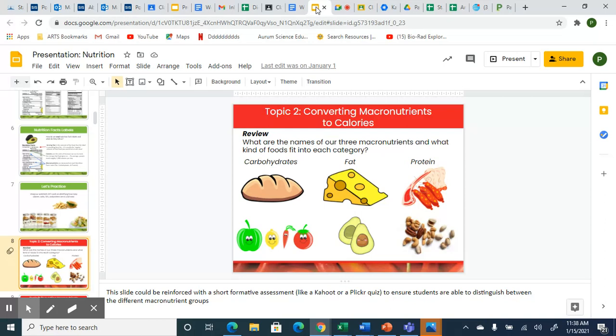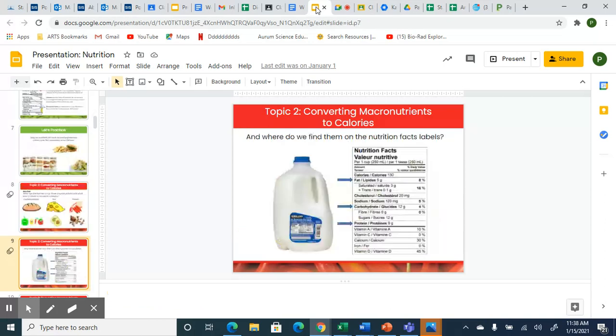Everybody got that in their head? All right. So, where do we find them on the nutritional label? Well, here is milk. And right here we have the fats, the carbohydrates, and the proteins.